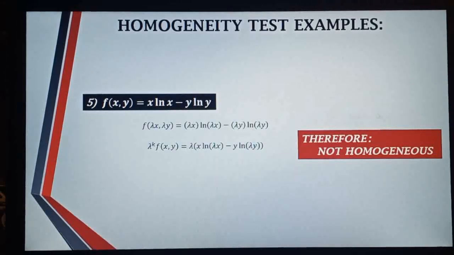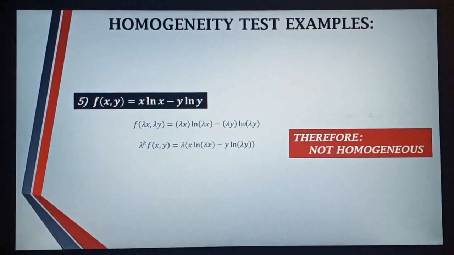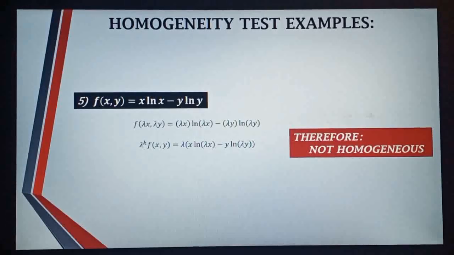So that is how we do the test of homogeneity to identify if the equation is homogeneous. So, syempre, testing pa lang yon to know if the equation is homogeneous. Wala pa tayo sa solution of the homogeneous equation.